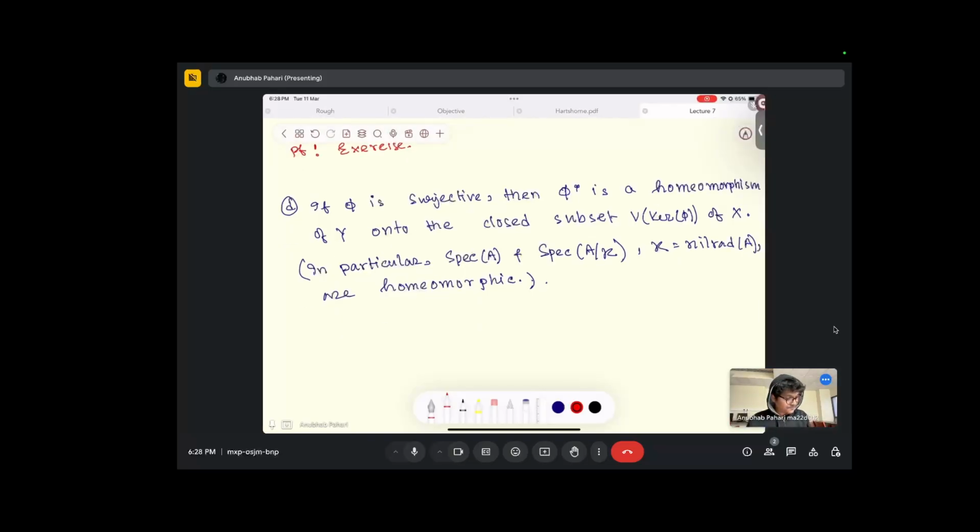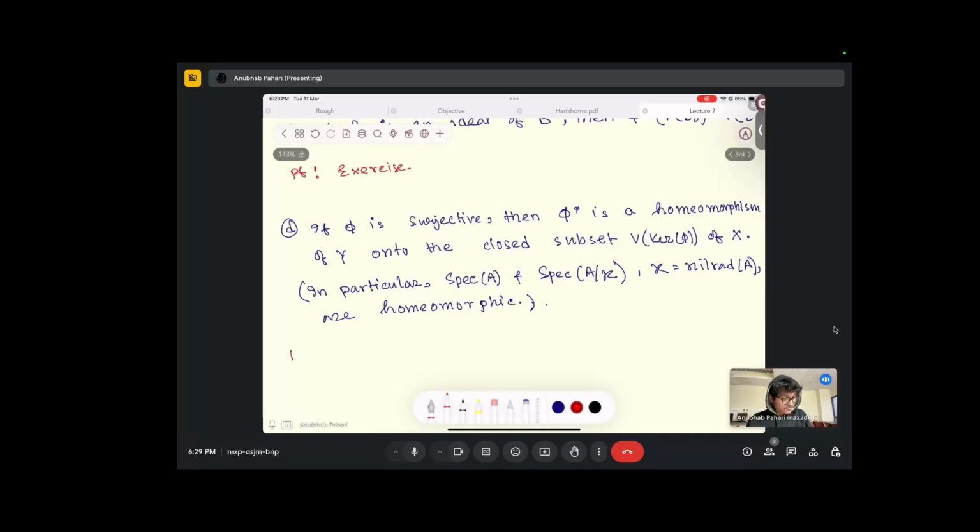Now, one thing you can notice is that, given phi from A to B is surjective, this implies that phi bar from A by ker phi to B is an isomorphism.